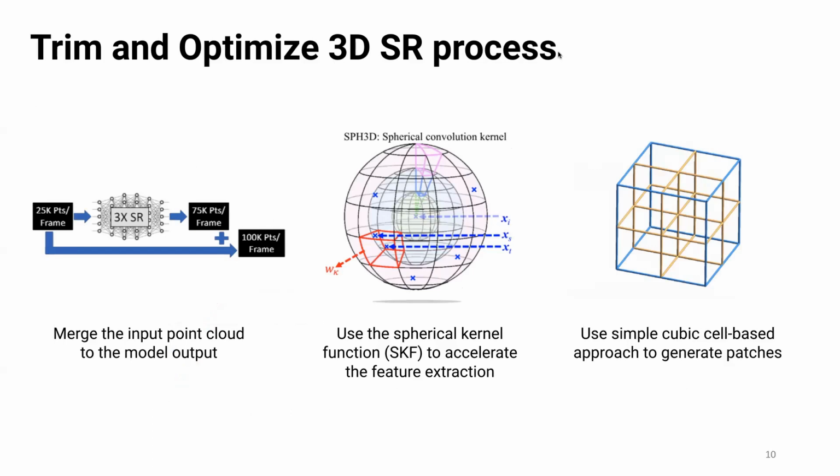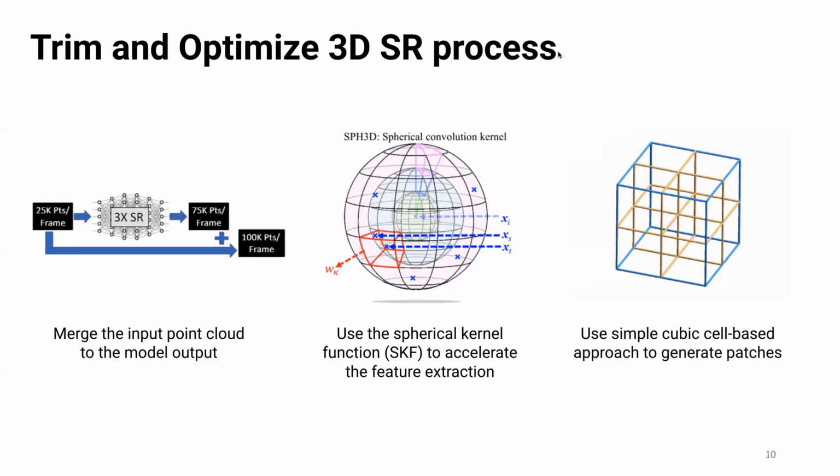However, they found out that they can just do 3x super resolution and get 75K, and they can merge the input point cloud with the 75K output point cloud, and then they can make 100K. So in that way, they can reduce 4x to 3x or 3x to 2x, which is simpler and arbitrary.